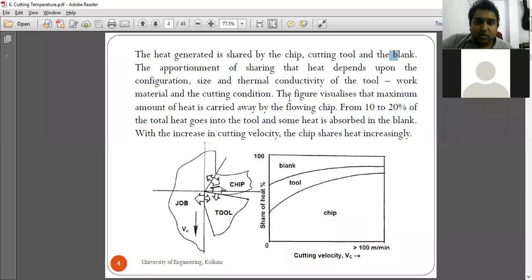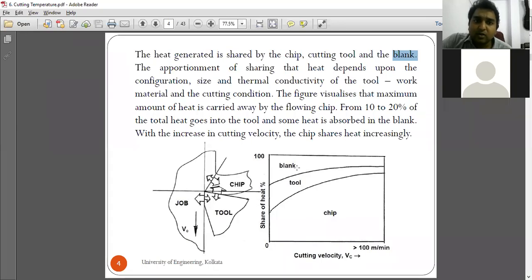Okay, so as you can see from this diagram, depending on the cutting velocity, the share of heat changes. As you increase the cutting velocity, the most amount of heat is carried away by the chip. Blank here, we can consider as you see here, blank is your workpiece.